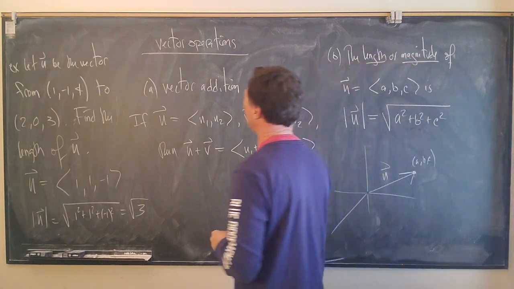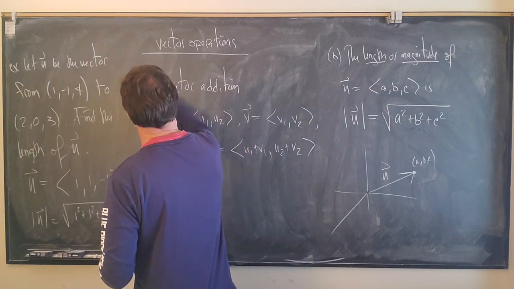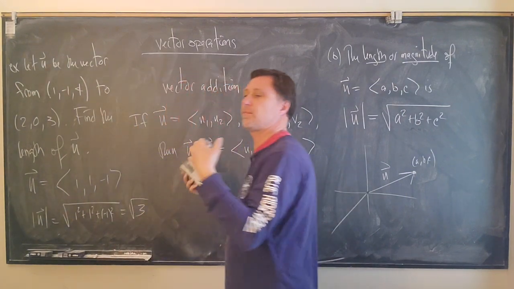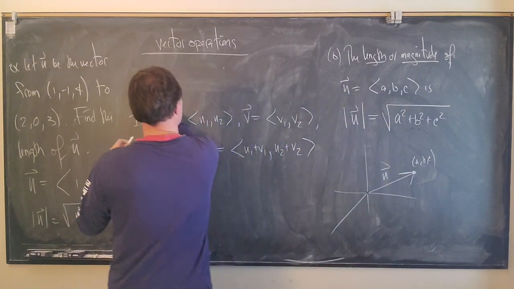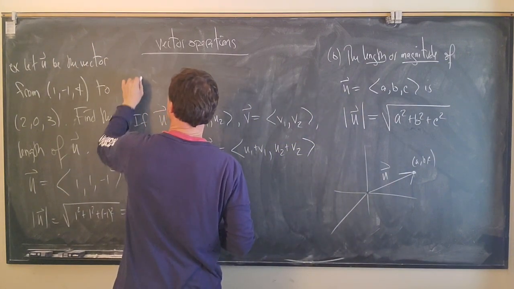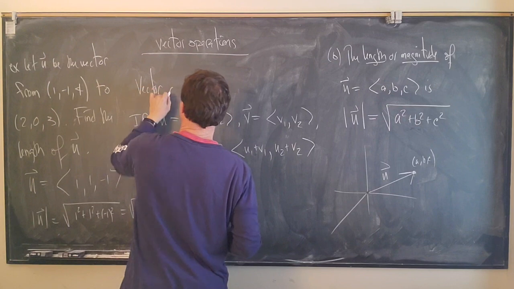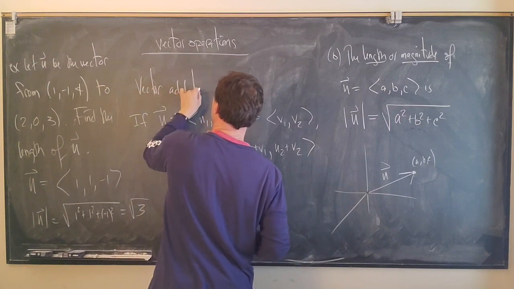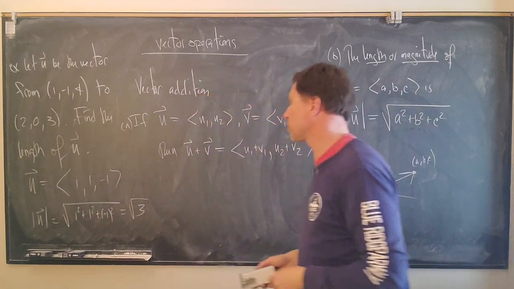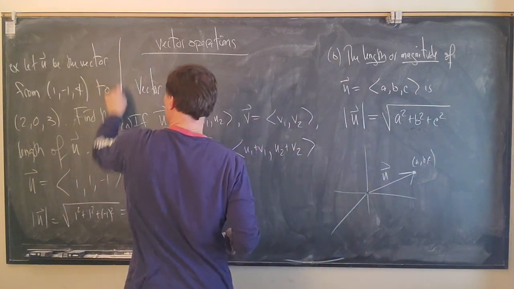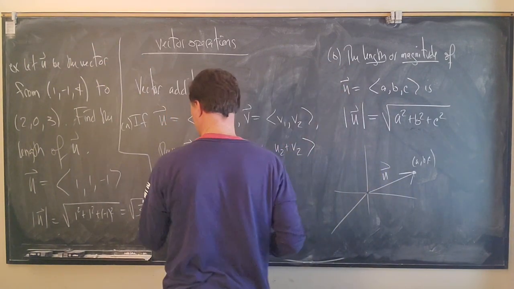Let's do it in both 2 dimensions and 3 dimensions. So here's our vector addition. Part A is the 2-dimensional version, and then I want to write down the 3-dimensional version next.